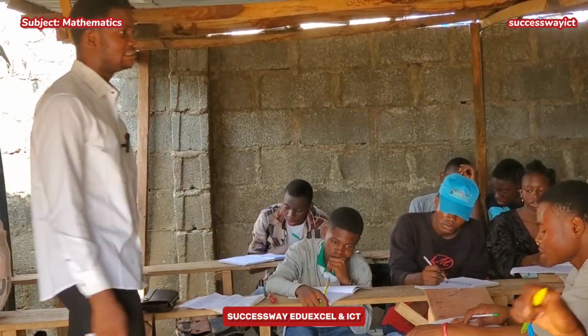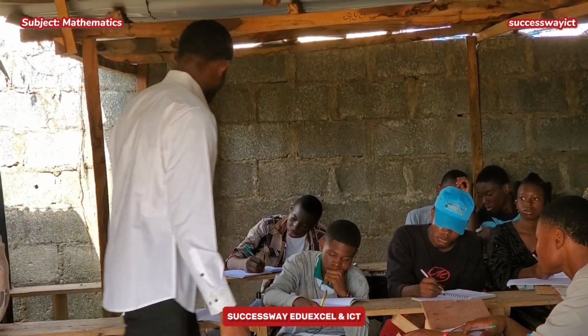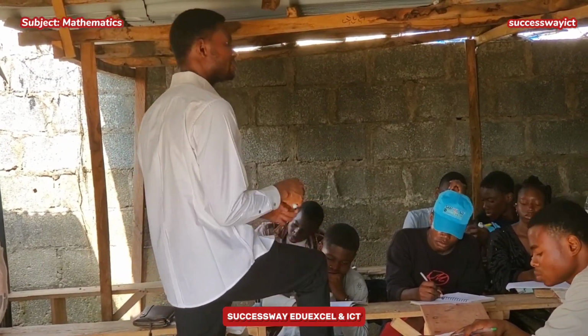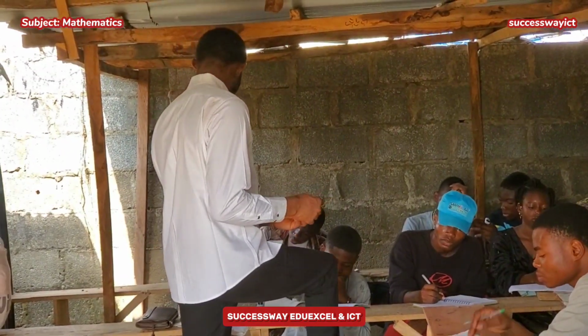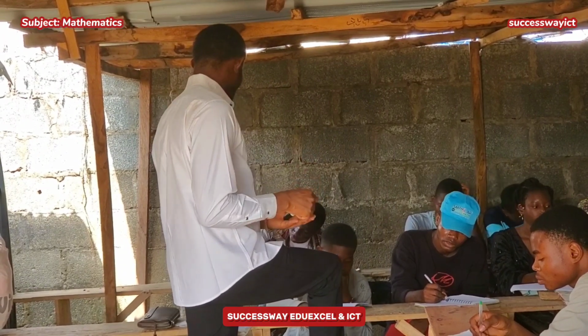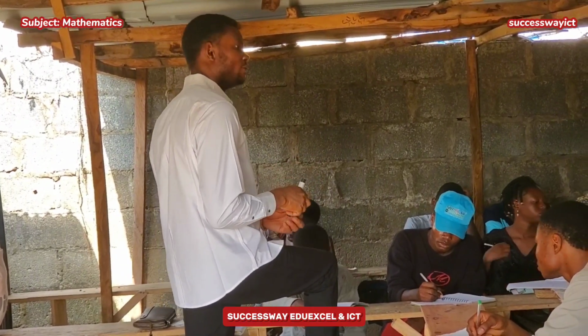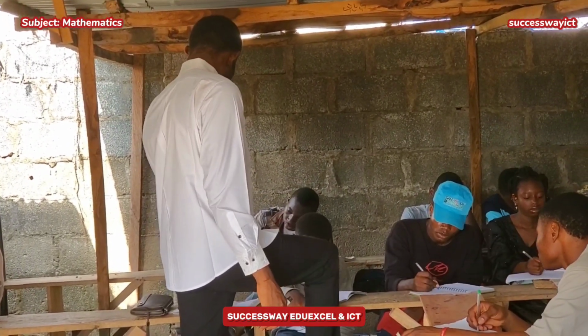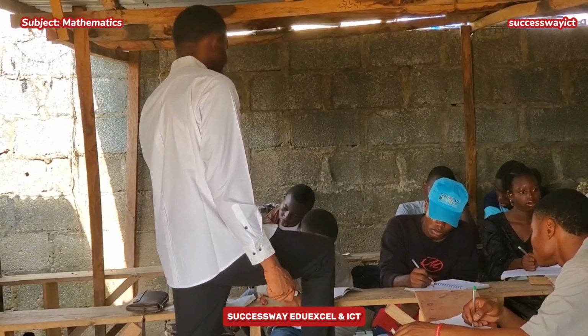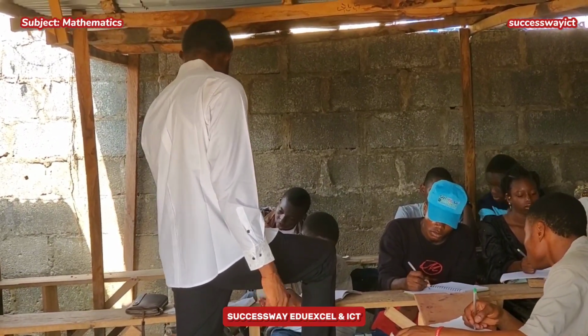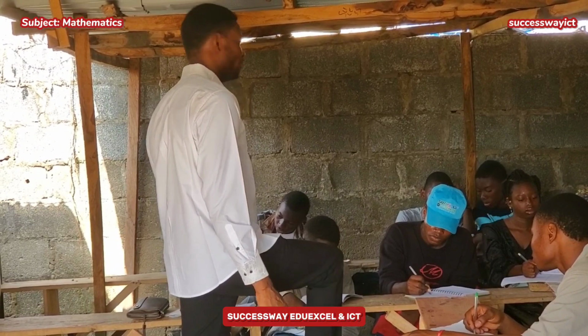Have you written that? Evaluate f of x equal to 5x cubed plus 2x squared minus 3x plus 6 at x equal to 4.